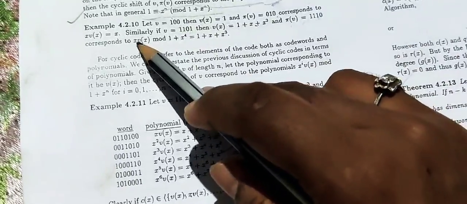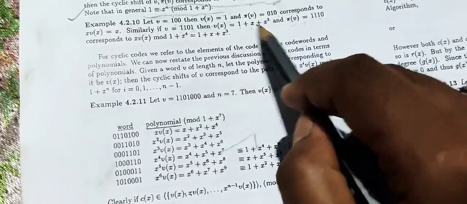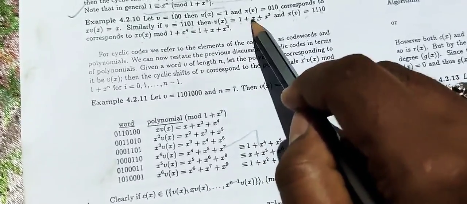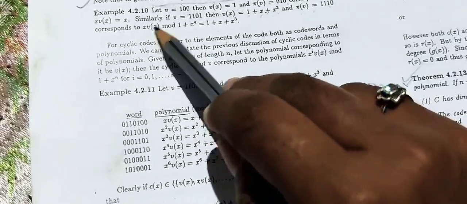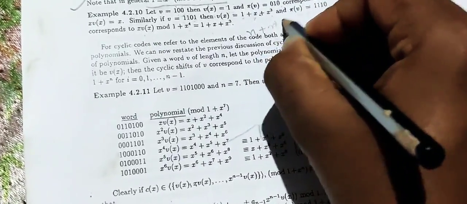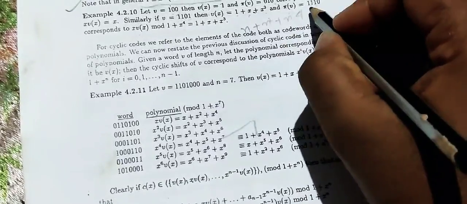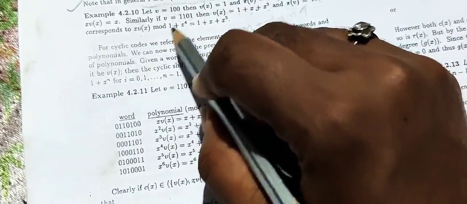So what is x v(x)? v of x is 1 plus x cube. So x into v of x is x plus x square plus x raised to 4, which is congruent to 1 plus x square, mod 1 plus x raised to 4.